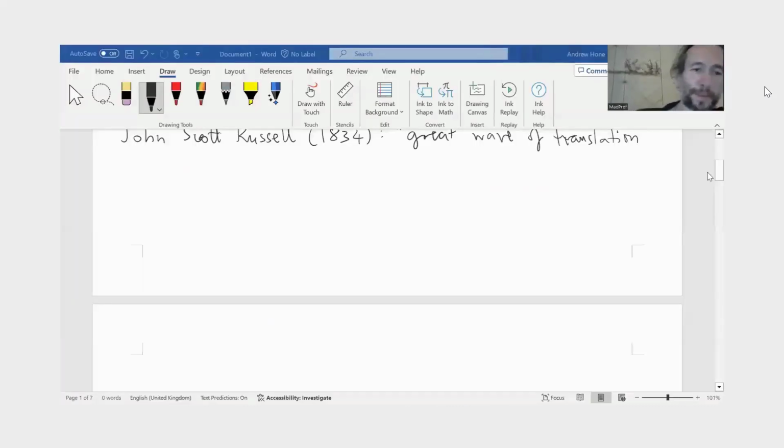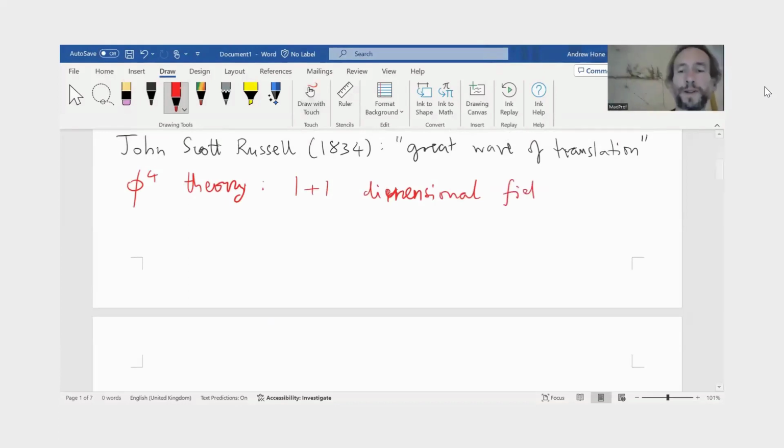So there's what's called phi to the 4th theory. That's a 1+1 dimensional field theory, and the basic kind of solution to that equation is given by hyperbolic tangent, which is called a kink solution.